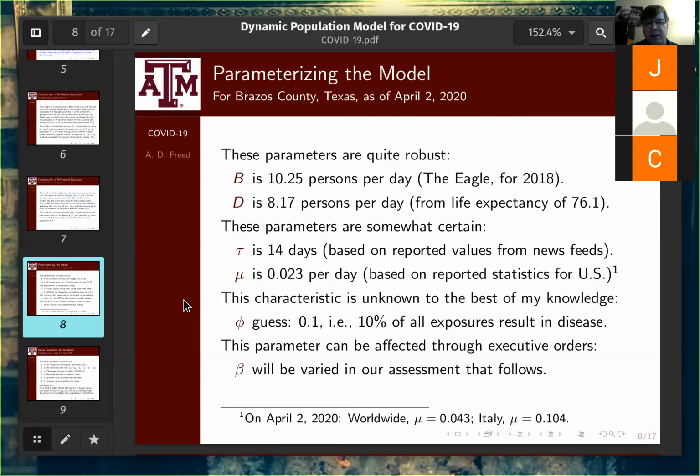You can change it at will, and I'll talk about that later on. And that leaves one parameter, and this is the number of interactions between people in the population, an average number of interactions per day, whatever is considered an interaction.